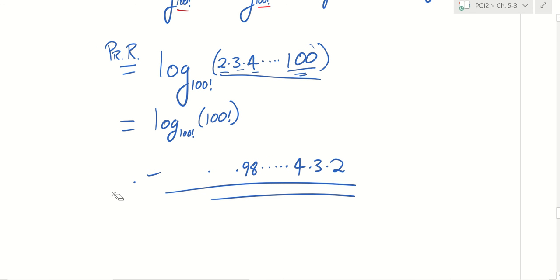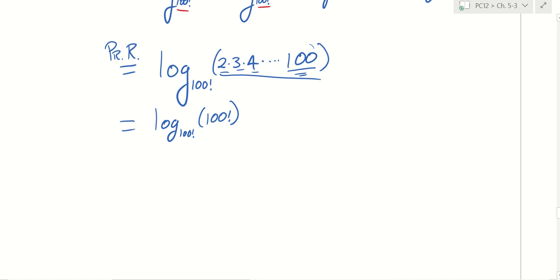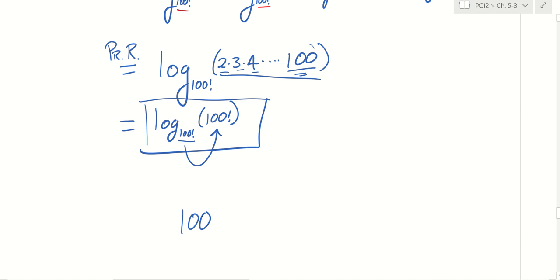So what can we do with this? Log base 100 factorial of 100 factorial. Well, remember, this logarithm represents an exponent that you would apply to base 100 factorial to get 100 factorial. So you could say 100 factorial raised to what power would equal 100 factorial?